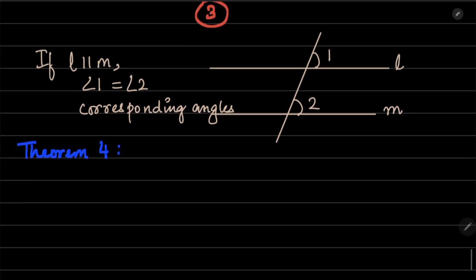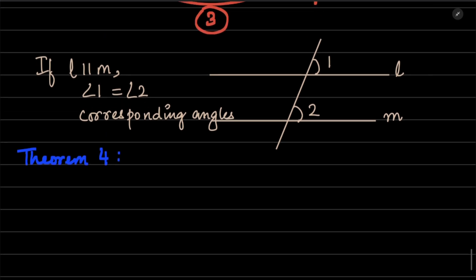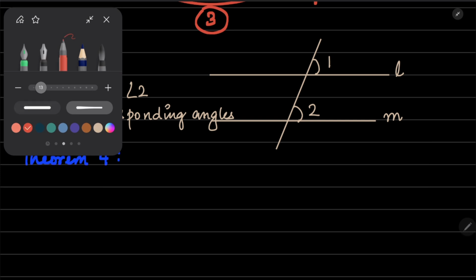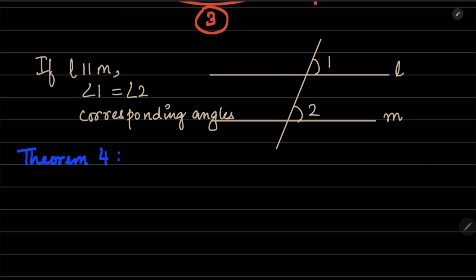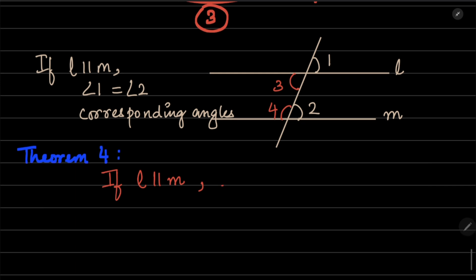Theorem 4 states that, let me write it here, if L is parallel to M, then the sum of co-interior angles is always 180. So for example, this is 3 and this is 4. So 3 and 4 are co-interior angles. Then angle 3 plus angle 4 is equal to 180 degrees.